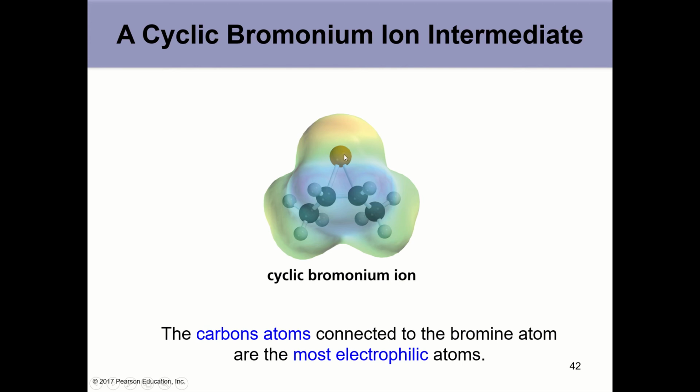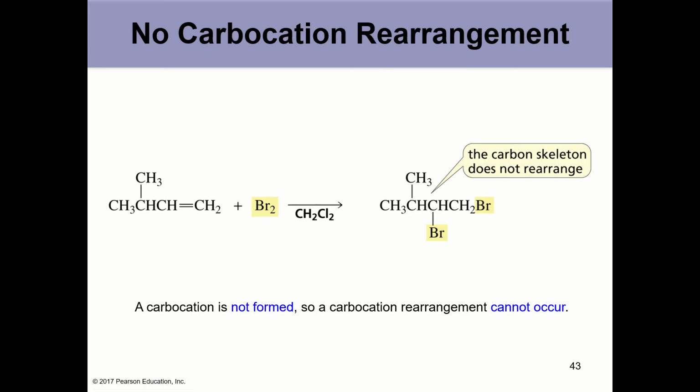It does not maintain that positive charge. Instead, it takes electron density from the other atoms that it is bonded to. For this reaction, we do not go through a carbocation intermediate, so no rearrangement will be possible, as a carbocation is not formed.